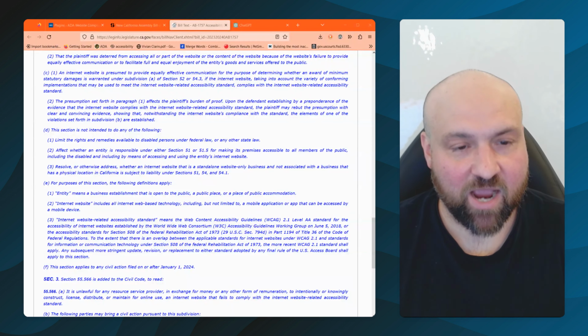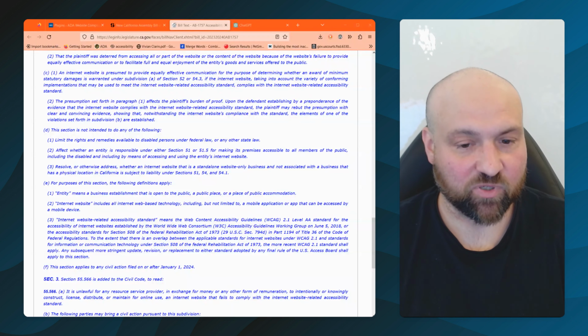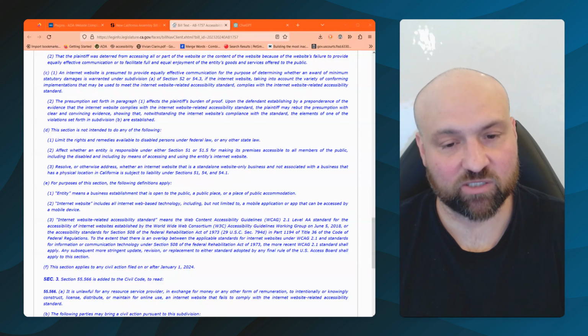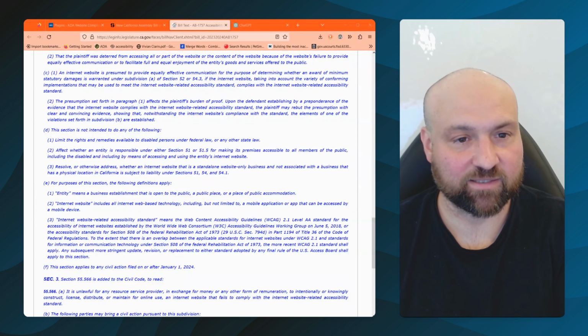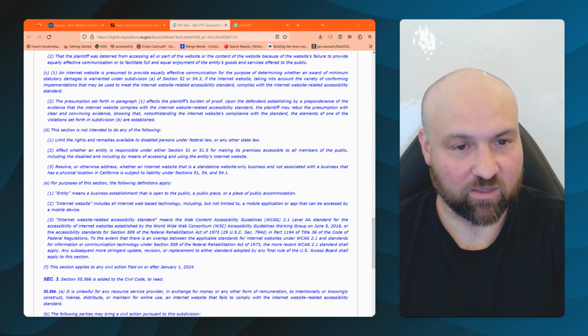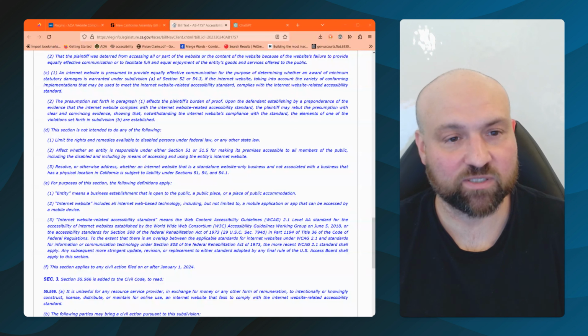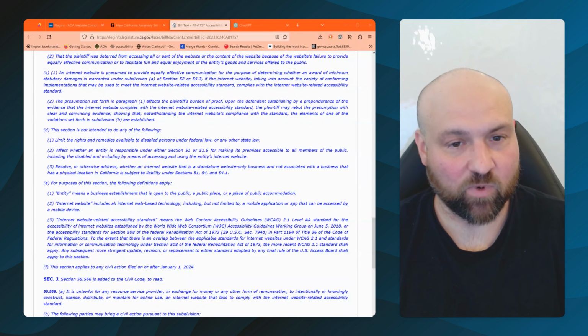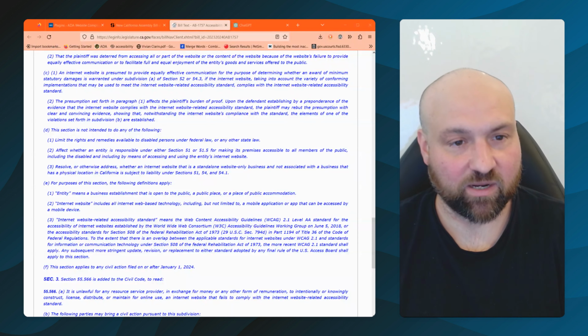And so I would view this bill as an opportunity to go ahead and try to make my digital assets conformant with the Web Content Accessibility Guidelines as much as possible. Of course, WCAG is for the web, right? It's the Web Content Accessibility Guidelines, but those same principles can apply to other digital assets such as mobile apps.